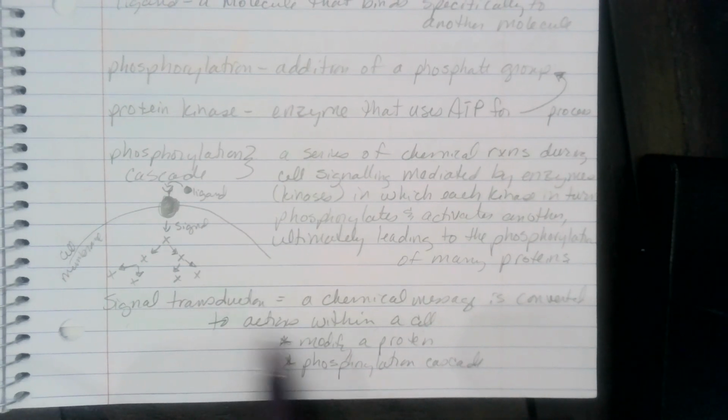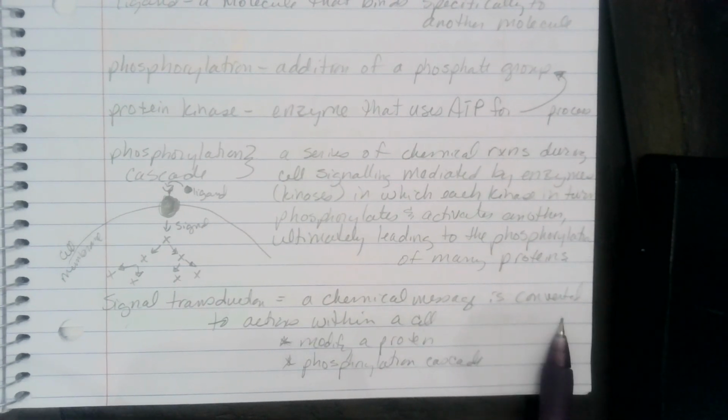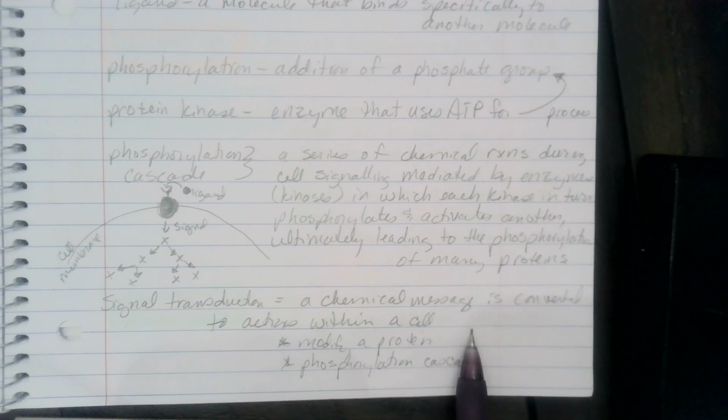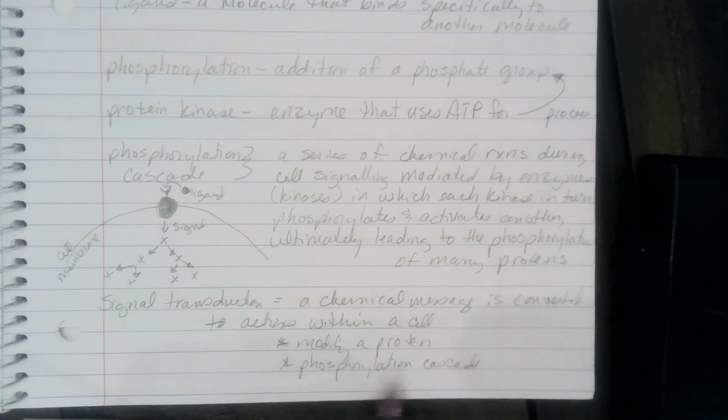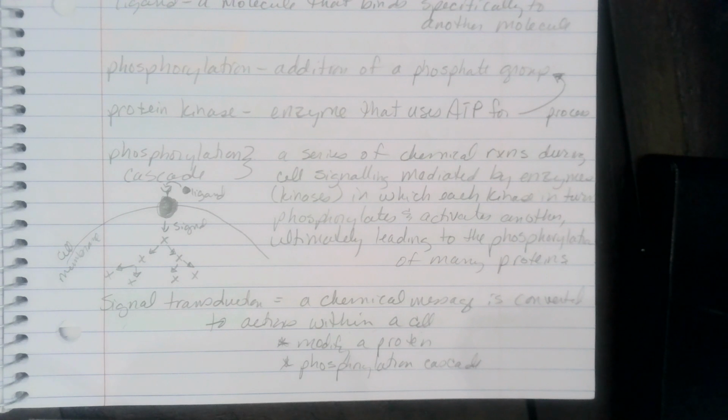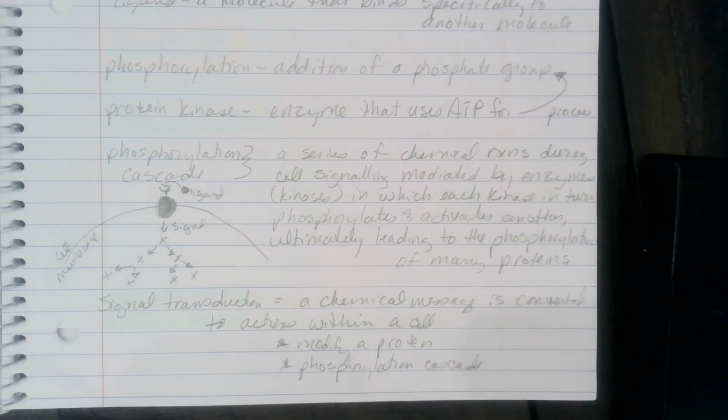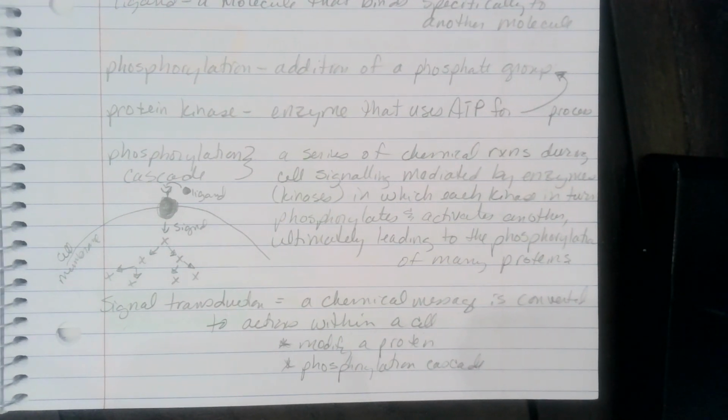We can modify a protein, we can create a phosphorylation cascade, things like that. These are all examples of how things go correctly. If we have a faulty pathway, that essentially creates an illness or a disorder. Things aren't working the way they are supposed to be working.